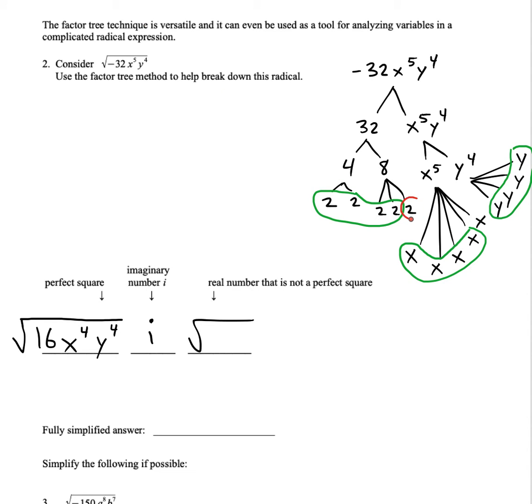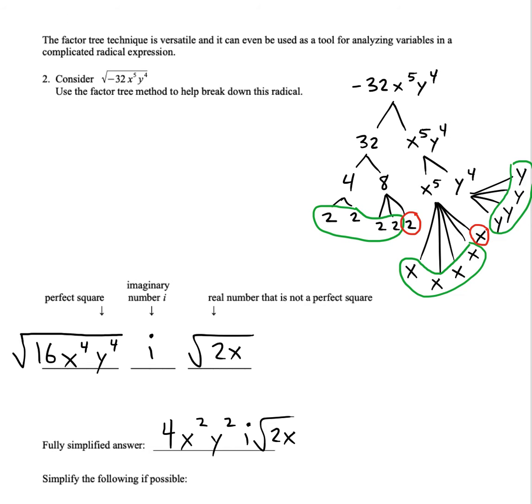So there's a 2 that wasn't paired and also an x that wasn't paired. So the 2x remains on the right. Now we can do the square root of this. So we're going to get 4 times x squared times y squared times i radical 2x. And that's our final answer.